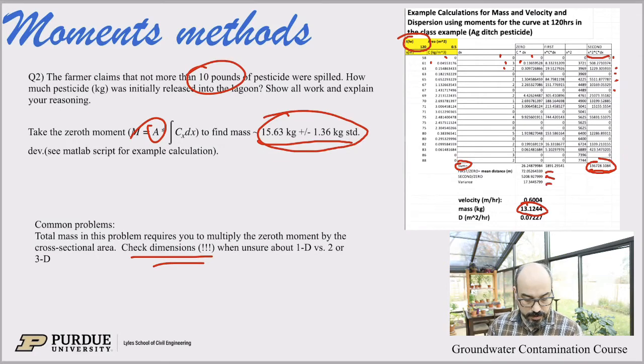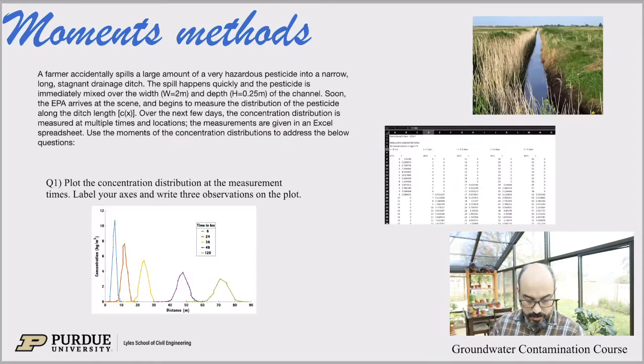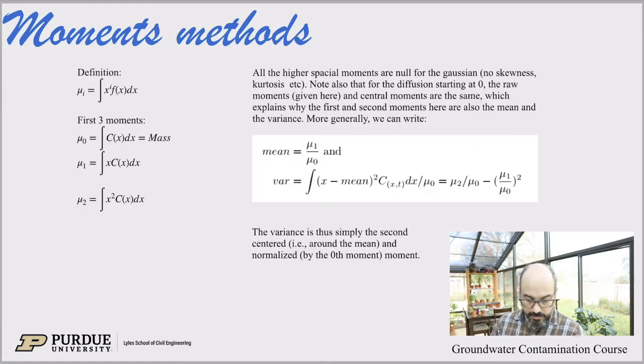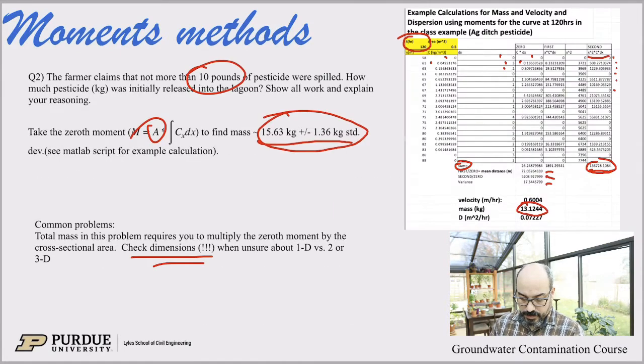And then the variance, remember that equation that I have right here: second moment divided by 0, minus first divided by 0 squared. You have to do all that math in your Excel to find your dispersion coefficient.